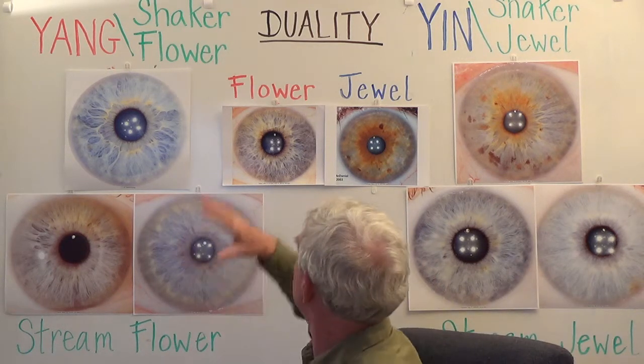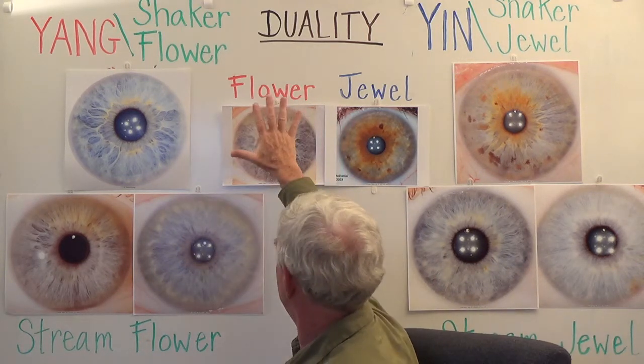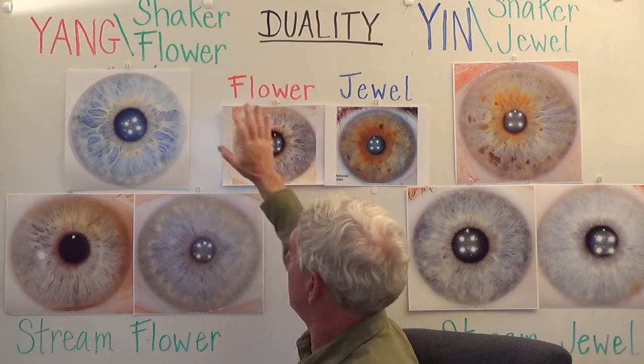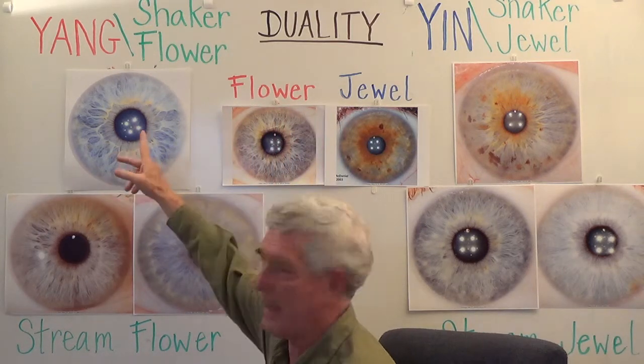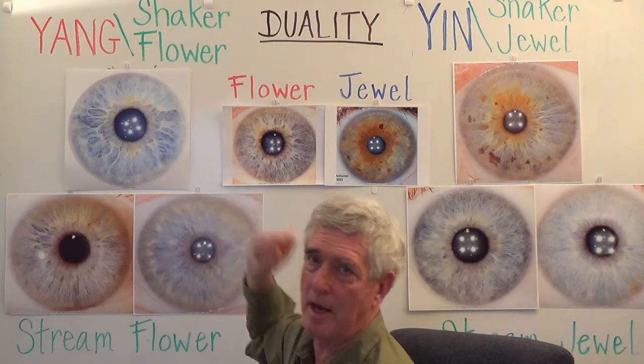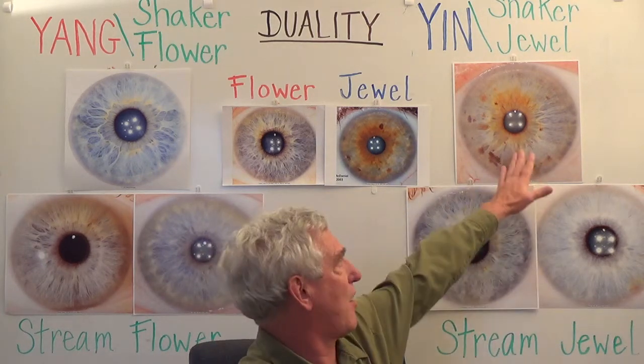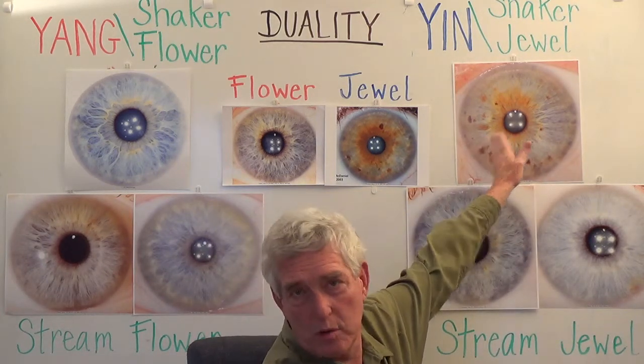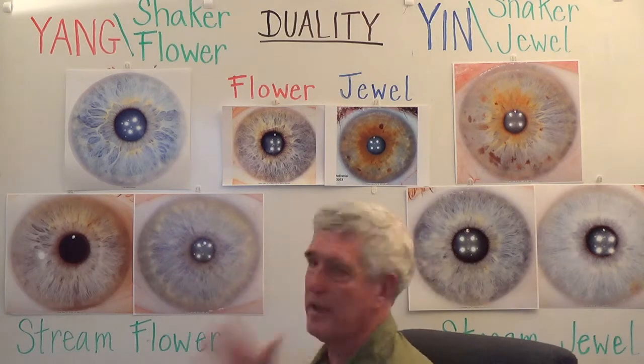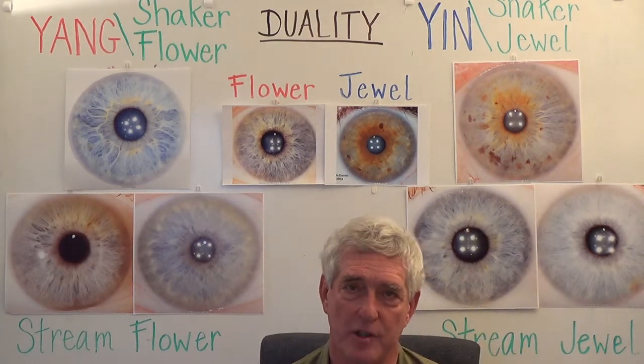So this is the duality function of flower and jewel modified by combinations of jewel and flower and combinations of jewel and flower on the opposite side with more jewel. This is more of an understanding about the different ranges.